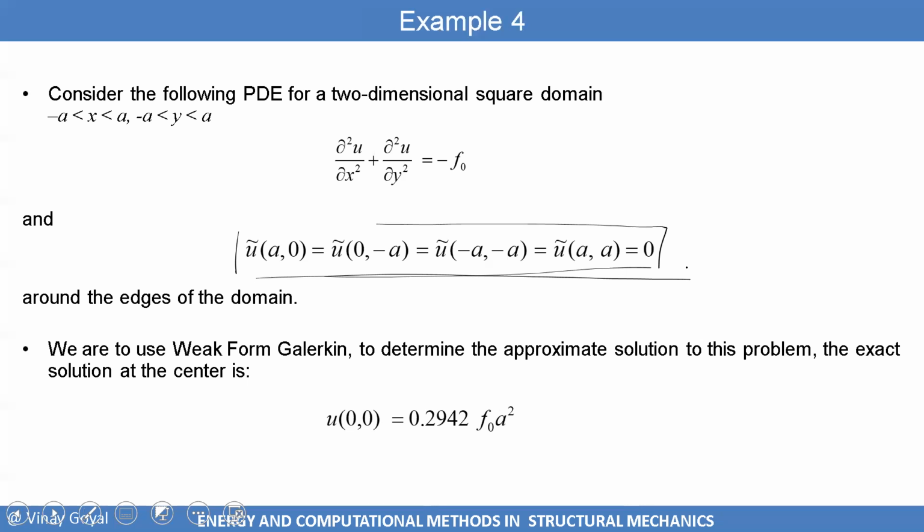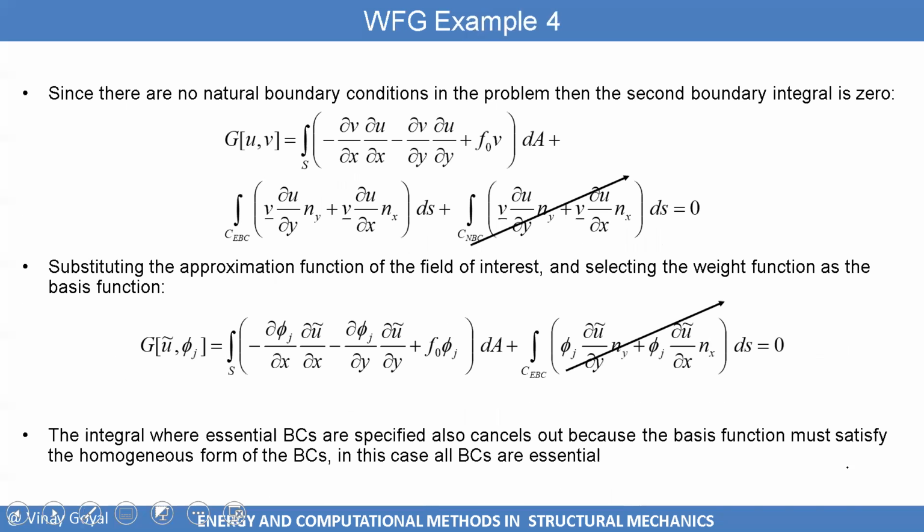In our problem, none of the boundary conditions are natural. So that goes to zero. The essential are zero because the approximate function has to satisfy the essential boundary conditions exactly. So each of the phis has to be zero at each of the boundaries that are essential. And so then I'm done. This is the weak form of the problem.